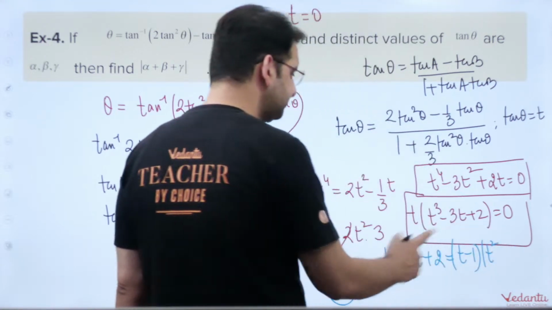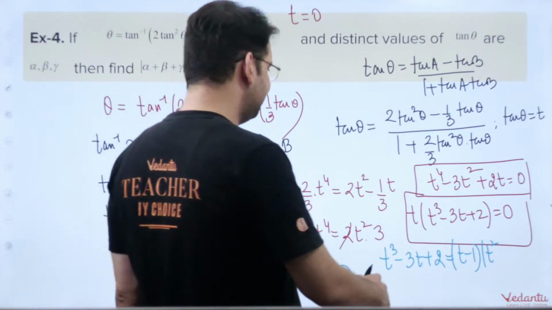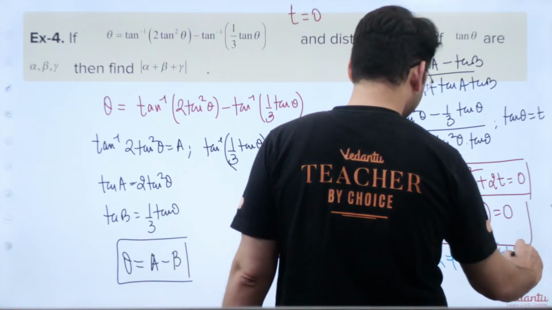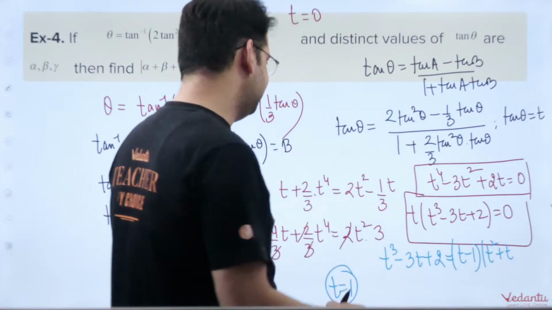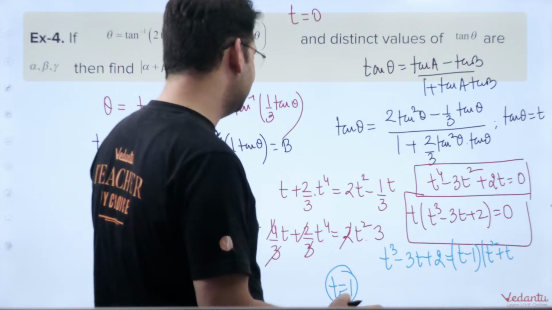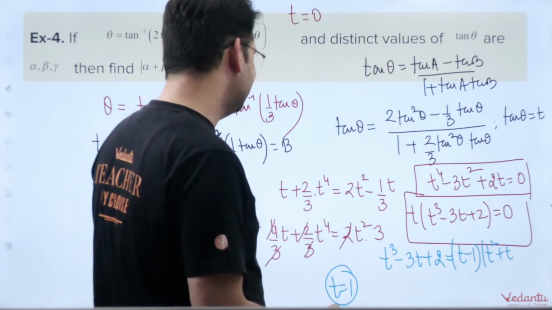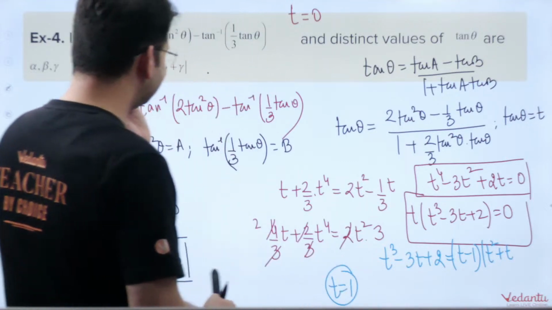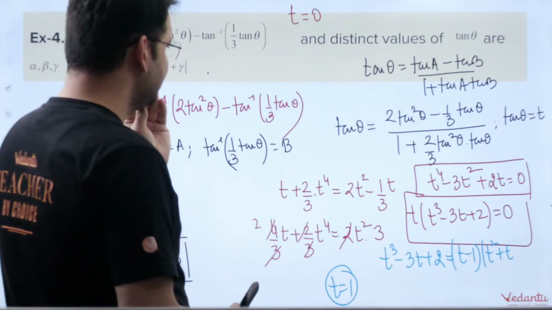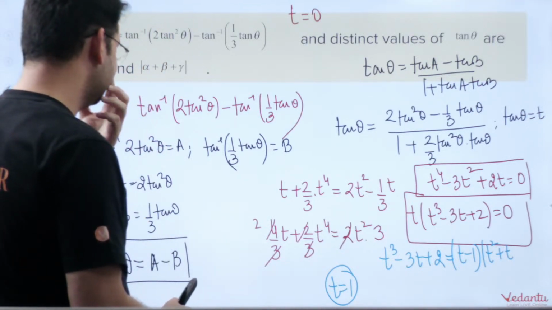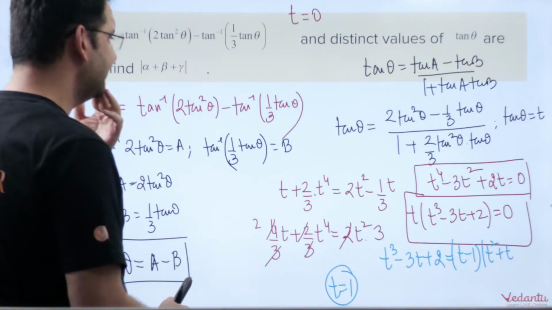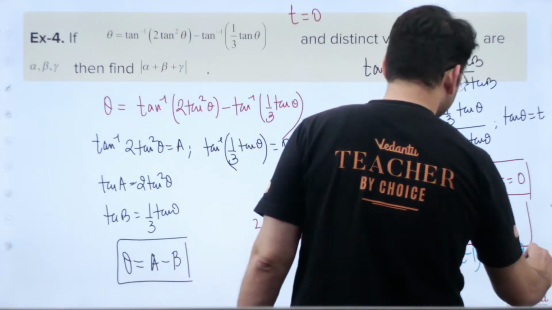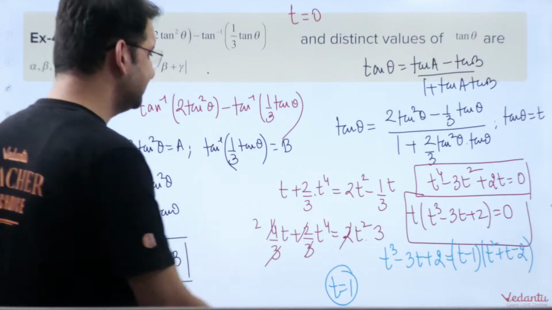Dividing t cube minus 3t plus 2 by t minus 1, we have t square, then t cube minus t square, plus t square minus t, and so on, and the constant term should be minus 2.